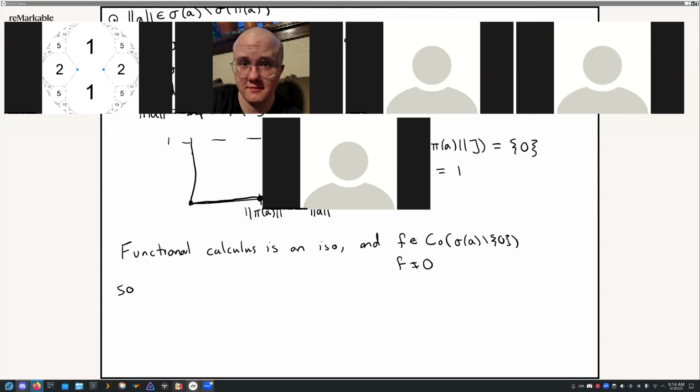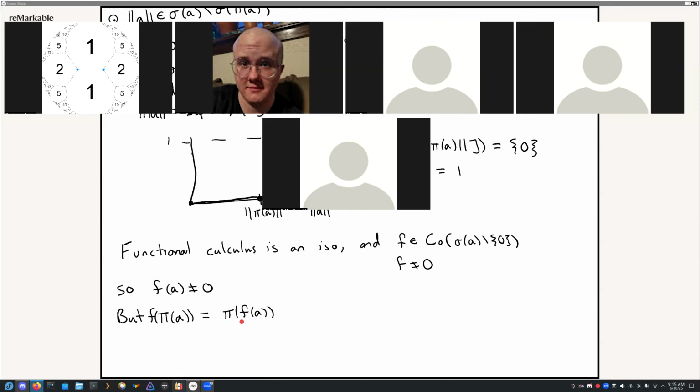So since functional calculus is an isomorphism, f of A is non-zero. However, f of pi of A is pi of f of A. This is something we proved in the section on functional calculus.